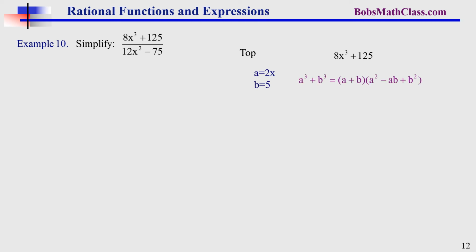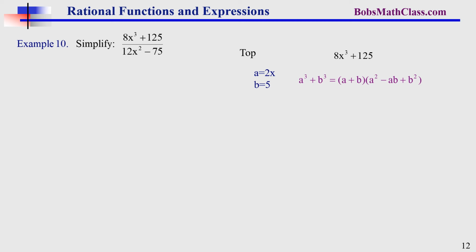A plus b times a squared minus ab plus b squared. And our a is 2x, and our b is 5. See, these are perfect cubes, so we want the cube roots. 2x times 2x times 2x is 8x to the third. And 5 times 5 times 5 is 125.